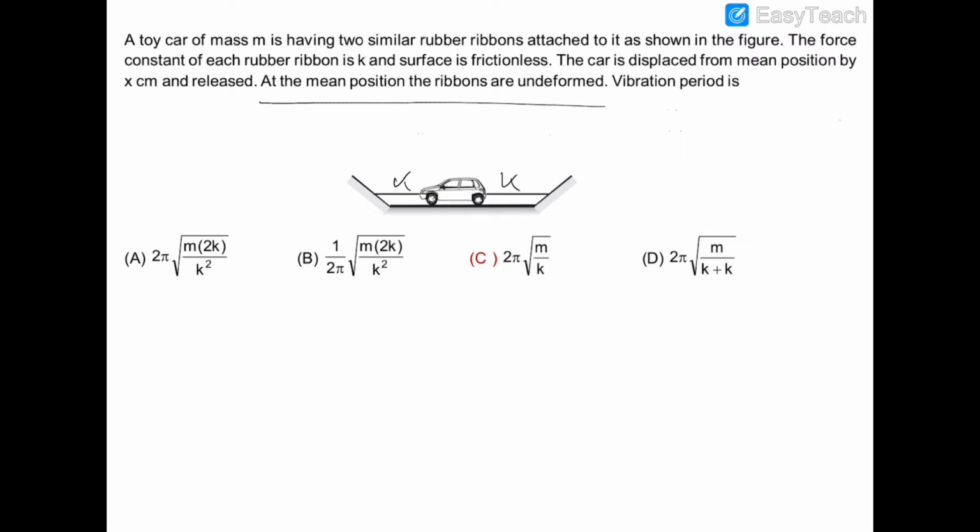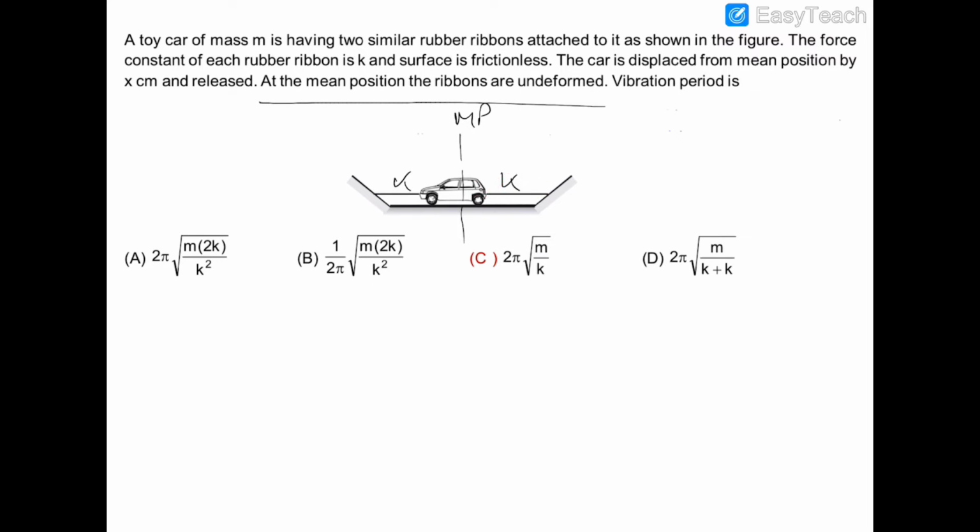So when this car moves from the mean position in this direction and completes the half cycle of SHM, then this elastic rope would be slack, and there would be no tension or role of this rope in SHM. So only the other elastic ribbon plays a role.